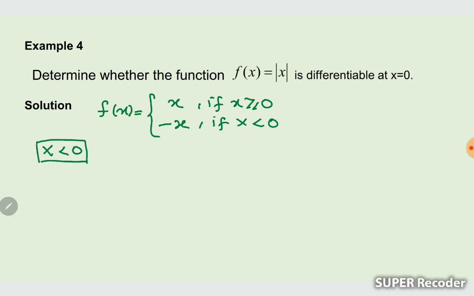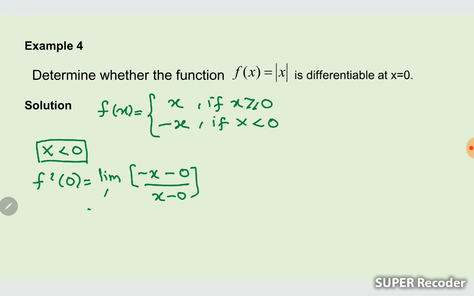So for the first one, that is for x less than 0, we find out what f prime of 0 is. f prime of 0 is equal to the limit of f(x). For x less than 0, what is f(x)? Negative x minus f(0), and f(0) is 0, over x minus 0.